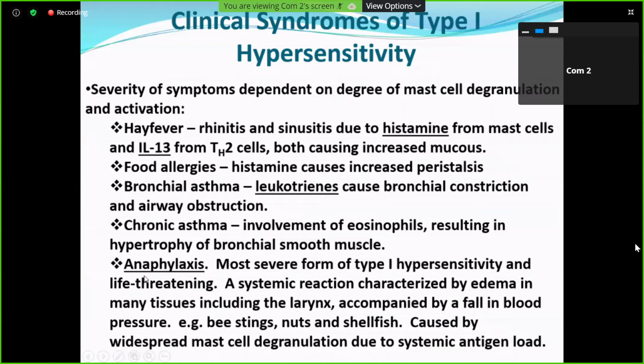So it depends on antigen dosage and also the amount of these inflammatory mediators that are released. So in the mildest situation, like hay fever, where you get this burst of prostaglandins, leukotrienes, and histamine being released by the mast cells, that is easily controlled through taking antihistamines or whatever.